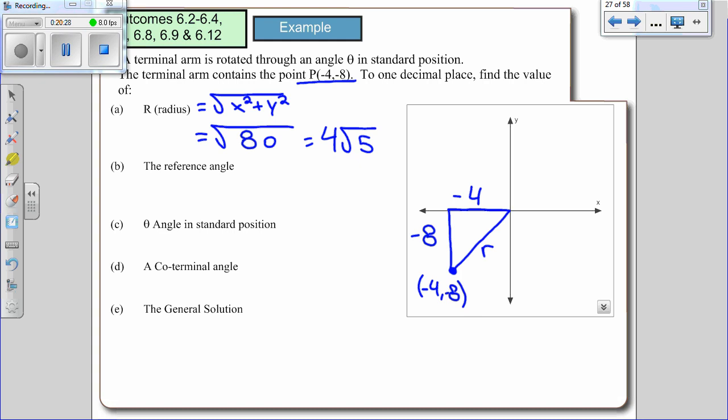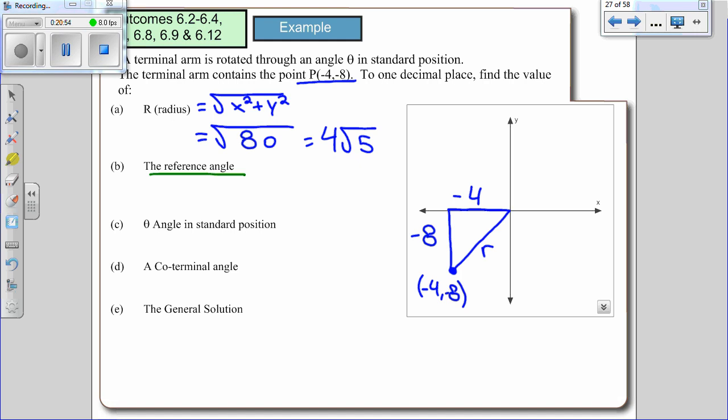Alright, B. The reference angle. Let me do this in green. The reference angle is measured how? Where's the reference angle on a question?